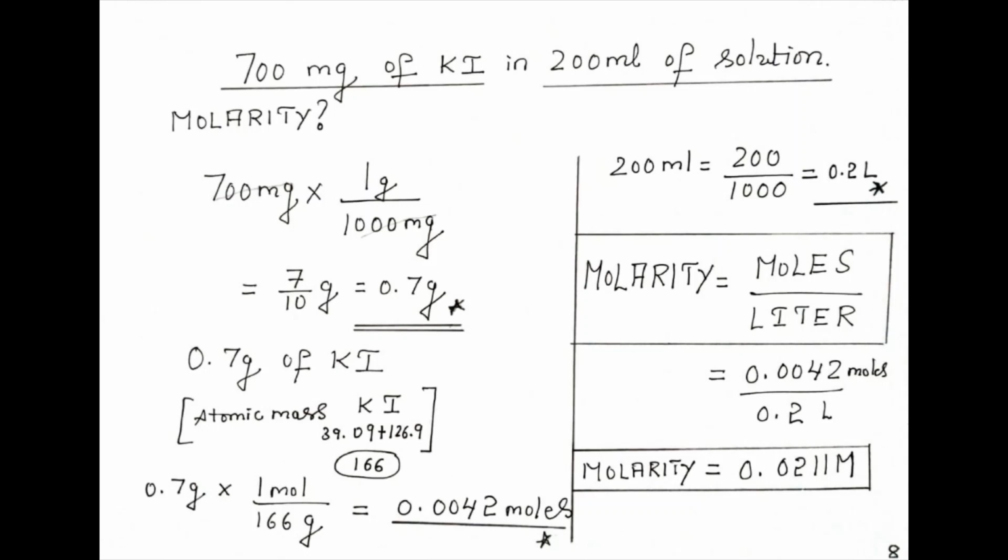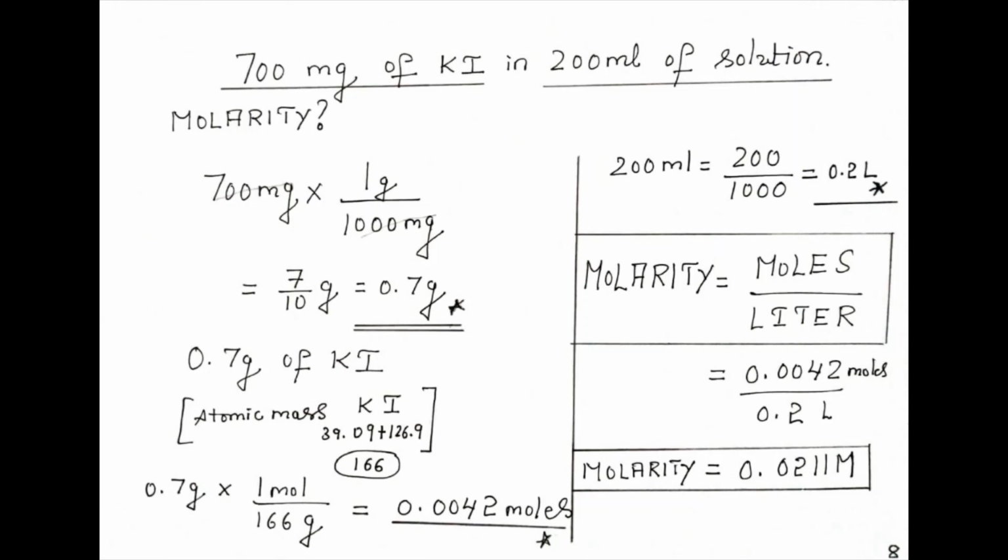If you add, it is 166, so 0.7 gram and 1 mole of potassium iodide is 166 gram. So you will get 0.0042 moles. So you have converted 700 milligram into 0.0042 moles.